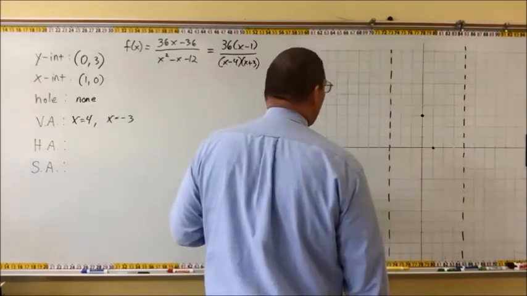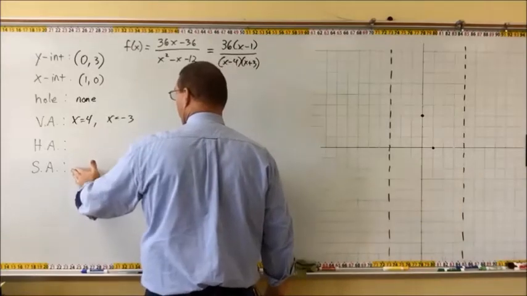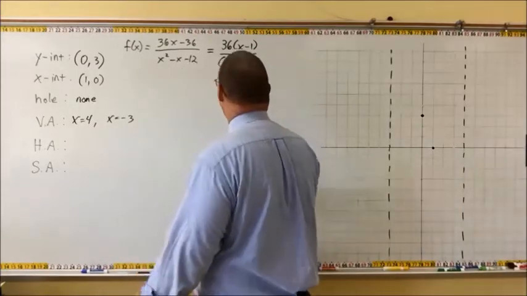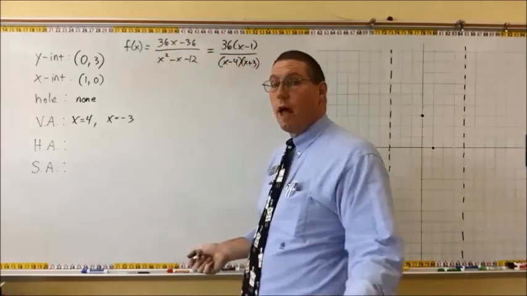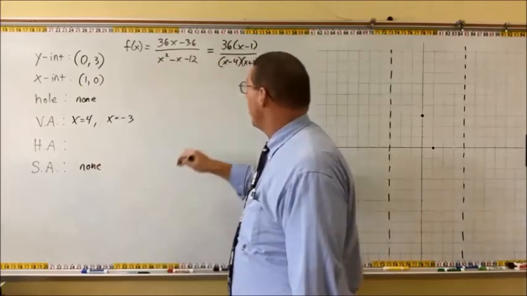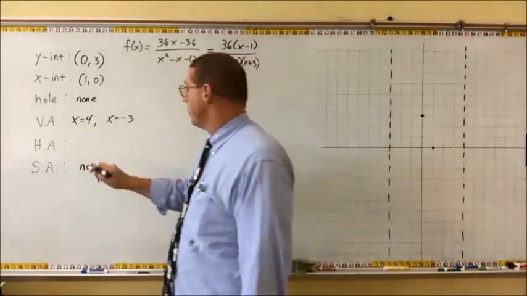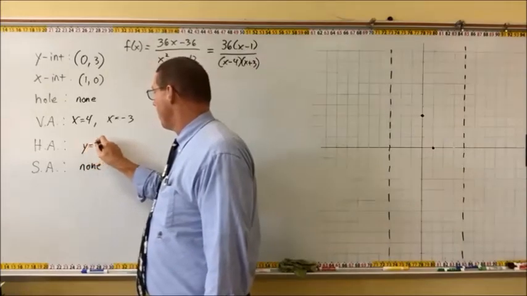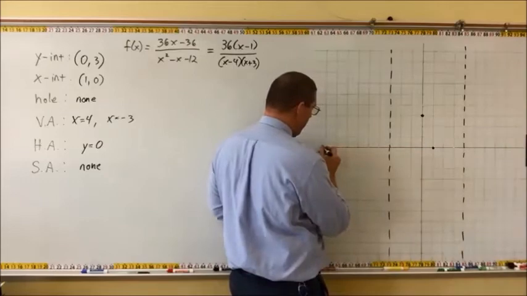So now we want to identify whether there's a horizontal asymptote or a slant asymptote. Now the power of the numerator is smaller than the power of the denominator, so it is not a slant asymptote, but there is a horizontal asymptote at y equals 0. So we're going to go to y equals 0, the x-axis.